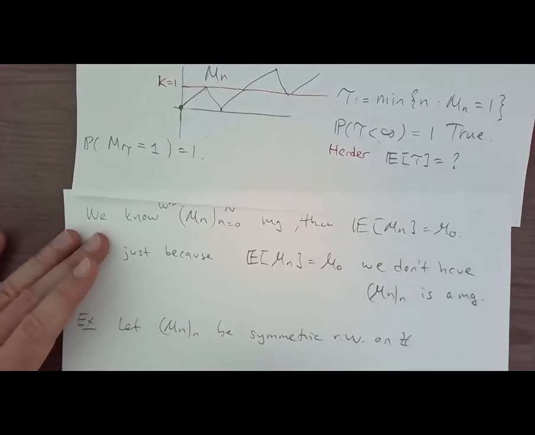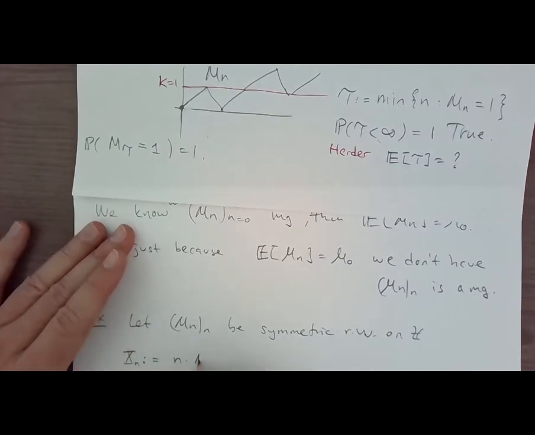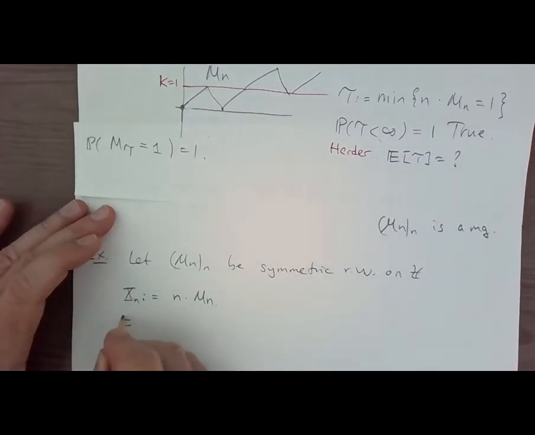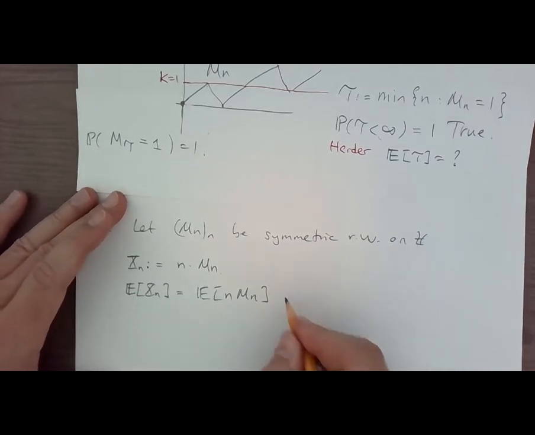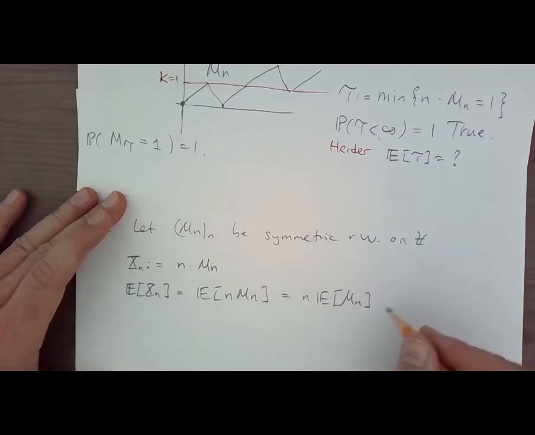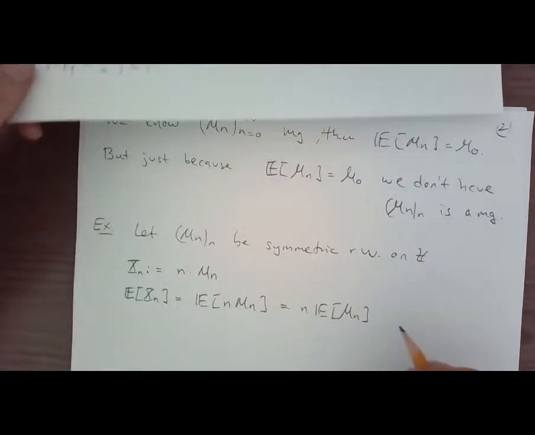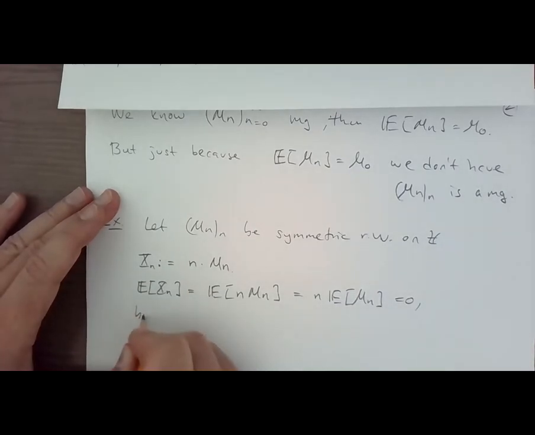But if I looked at, let's call it X_n, if I just take n times M_n, then the expectation of X_n is the expectation of n M_n, which is n times the expectation of M_n. And M was a martingale that starts out at 0, so this is equal to 0. But X is not a martingale.